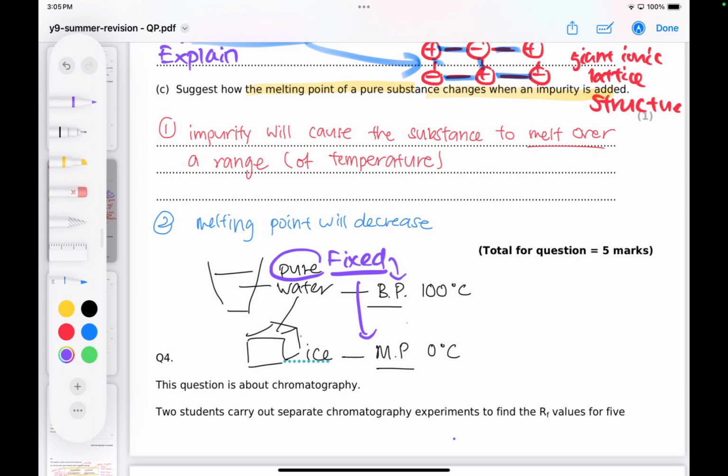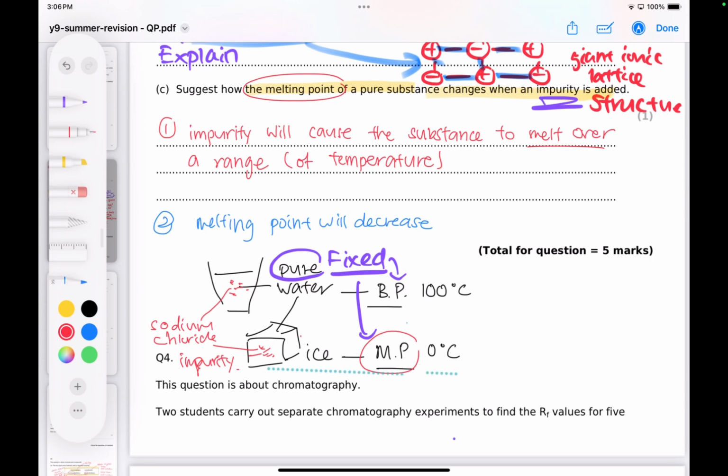However, if we add impurity, for example, in water I add sodium chloride, table salt, this sodium chloride would be considered an impurity. So with impurity, how would it affect the melting point? This question is focusing on melting point, so I'm going to use melting point first. For the ice that has impurity, it is going to start melting at a lower temperature.